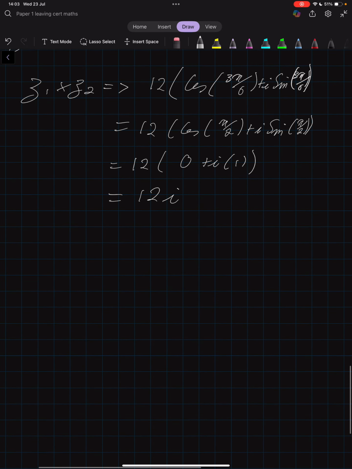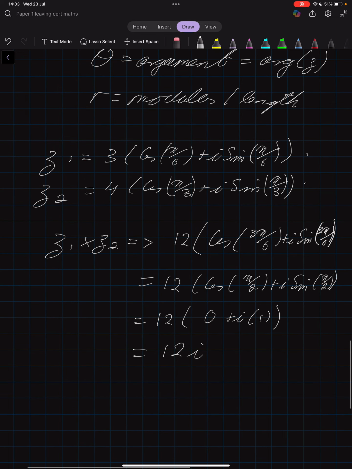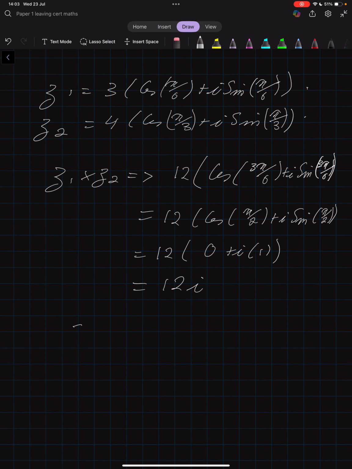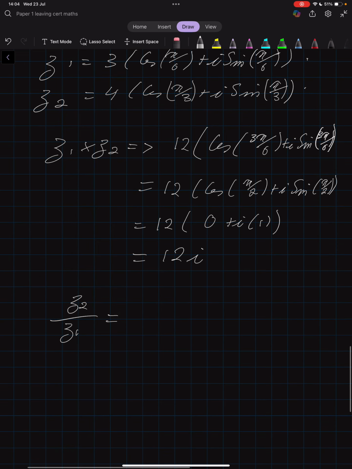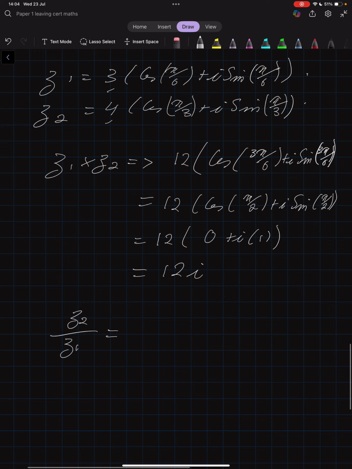Okay? The same way, if I asked you, what's z2 divided by z1? Again, now you're dividing, so you divide their lengths and you minus their angles, okay? So the length, 4 divided by 3 is just 4 over 3, times the cos, minus the angles, pi over 3 minus pi over 6, that's just pi over 6.